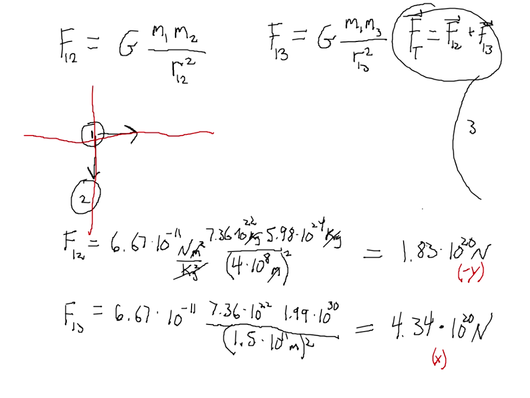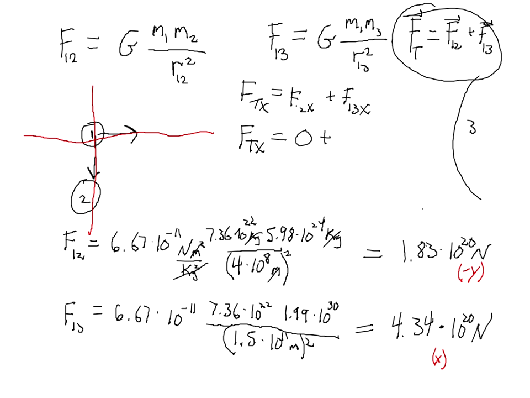So the total x component is equal to F12x plus F13x, but F12x is 0.